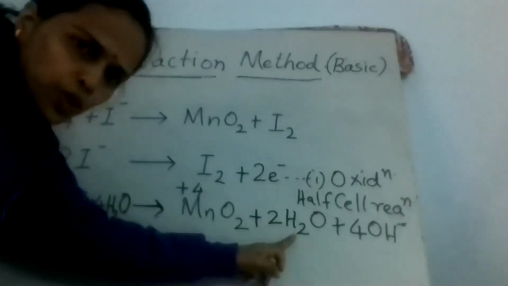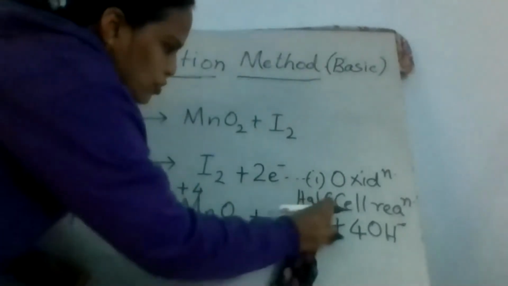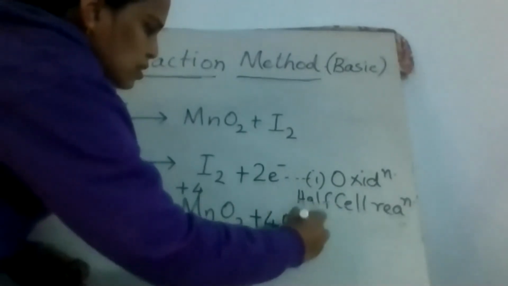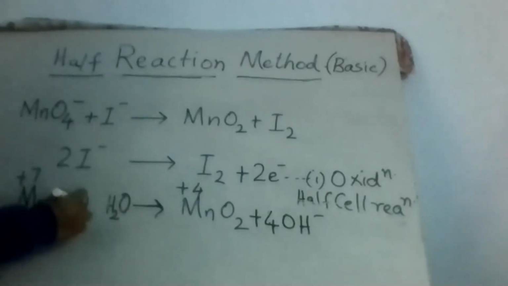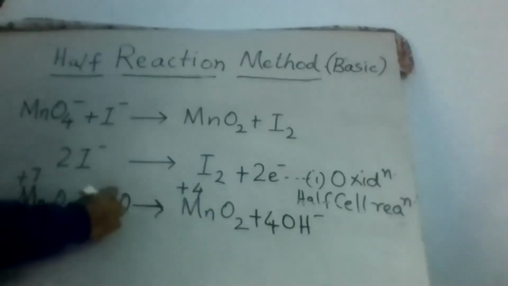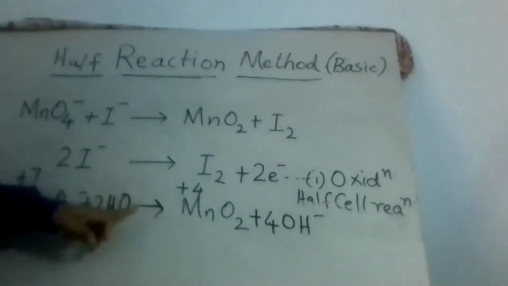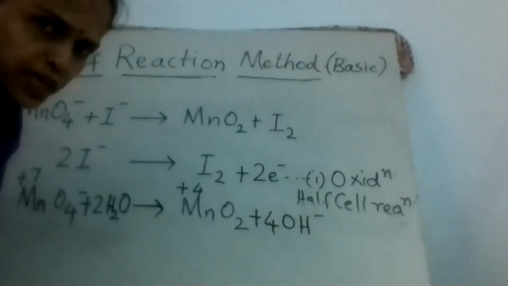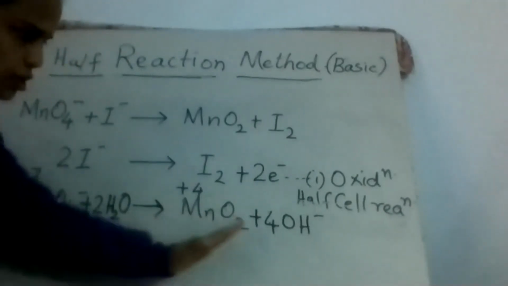I'll bring this 2H2O to the left hand side, and this becomes 2H2O plus 2H2O. Now you see this becomes MnO4 minus plus 2H2O gives MnO2 plus 4OH minus. I balanced all the atoms that are present here, manganese, oxygen, hydrogen.